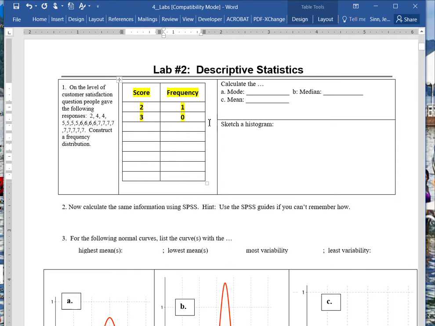All right, then you would calculate the mode, the mean, and the median, and you would sketch a histogram by hand. How to do that is in the lecture PowerPoints, if you've forgotten. When you go to SPSS, do not try to input the table that you just made by hand. SPSS is not looking for a frequency table. It's looking for the raw scores.